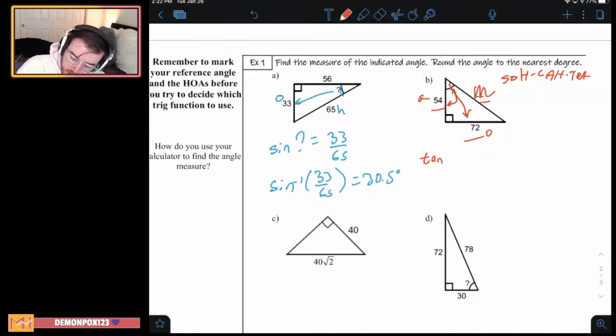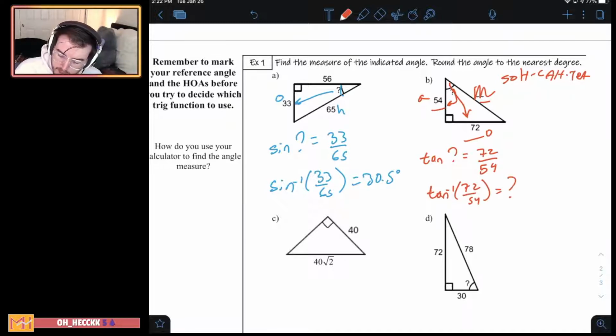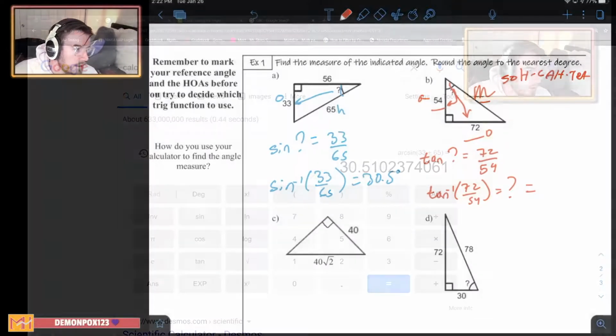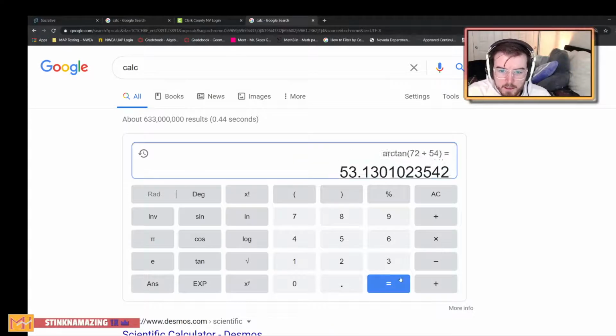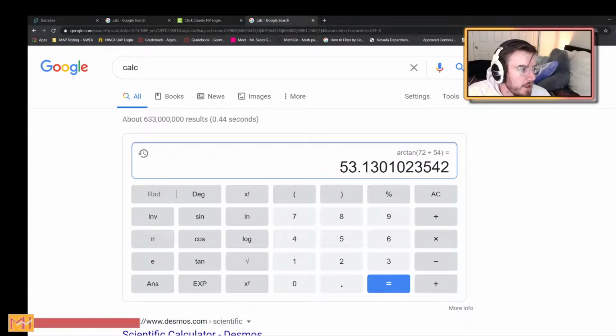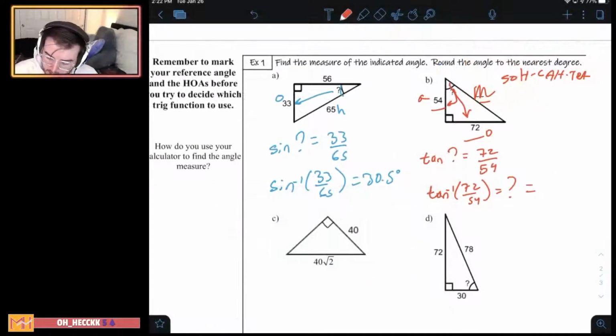So tangent of the angle is opposite over adjacent. So I use the inverse function to solve for the angle. Inverse tangent of 72 divided by 54 is 53.1. It really is that quick.